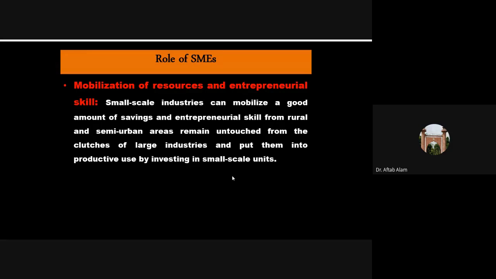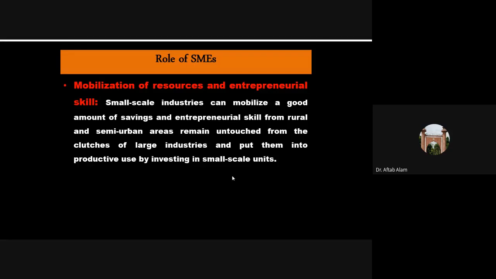Next is the mobilization of resources and entrepreneurial skill. जो SMEs है वो हेल्प करता है mobilization of resource में, और it helps to develop entrepreneurial skill or enterprise skill. एक ऑप्शन प्रोवाइड करता है ऐसे लोगों को, रिस्क टेकर्स को, जो कि लोकली अवेलेबल रिसोर्सेज को यूटिलाइज करके start new business.